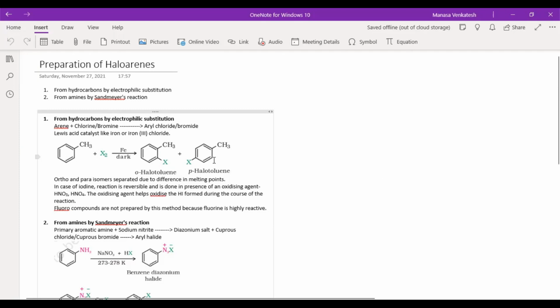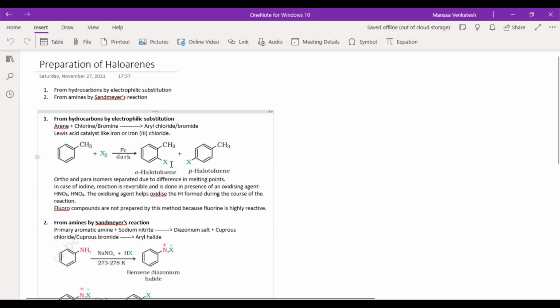These products can be separated because of their difference in melting points. The reason you have ortho and para is because this is an electrophilic substitution, which means an electrophile is going to attack at this and this position. And because of that, you have the formation of two products.